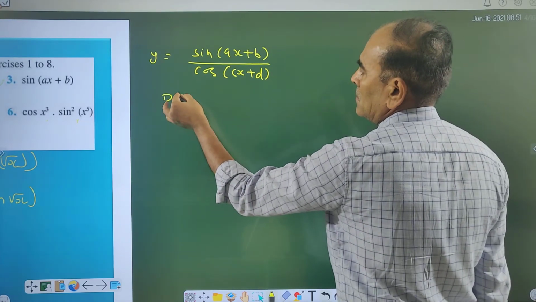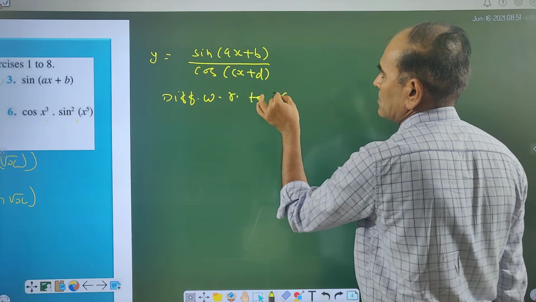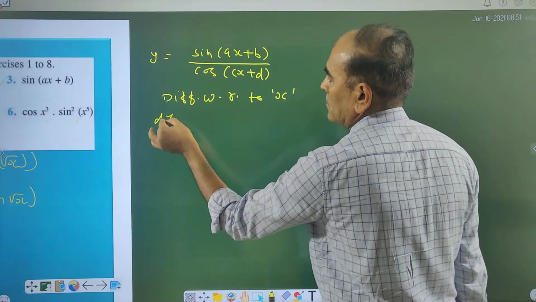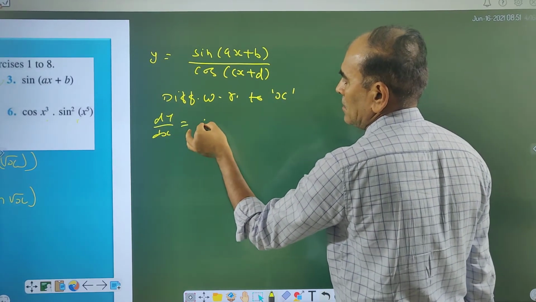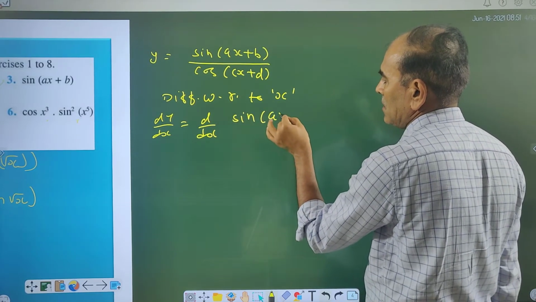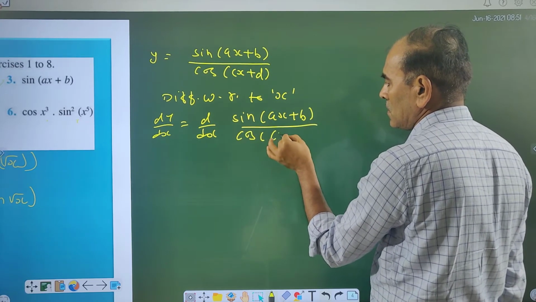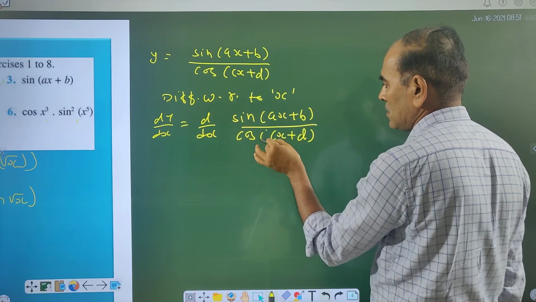See, differentiate with respect to x. So dy by dx is equal to d by dx of (sin(ax + b) over cos(cx + d)).